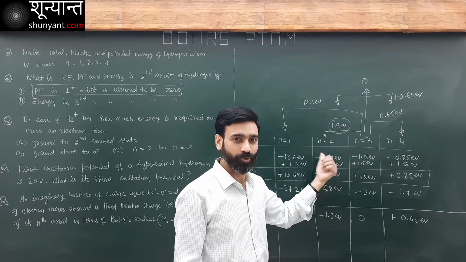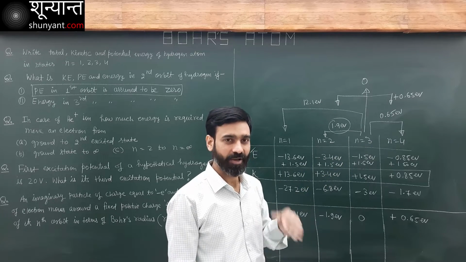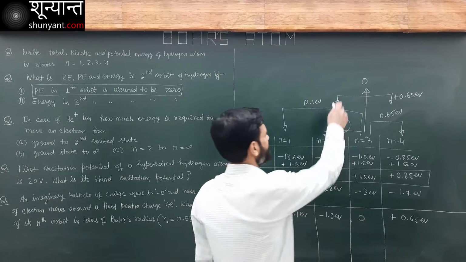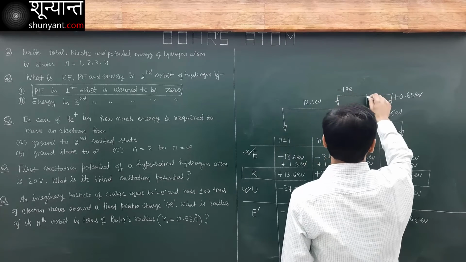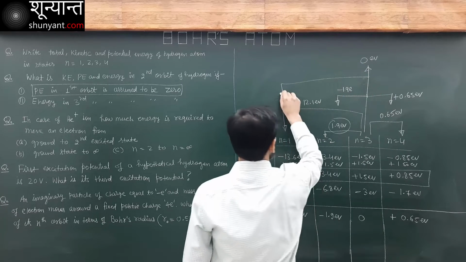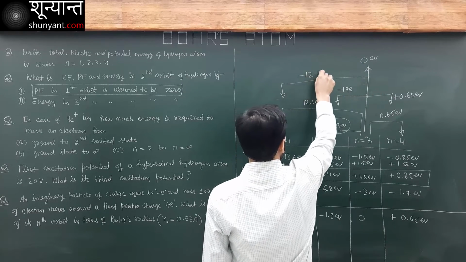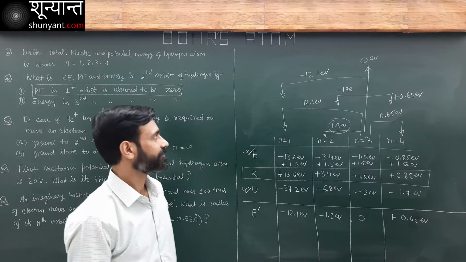This energy has to be less than 0, by 1.9. It becomes minus 1.9 electron volt. And here this is 0 electron volt, and this value will become minus 12.1 electron volt. You see here also I got the same answer.